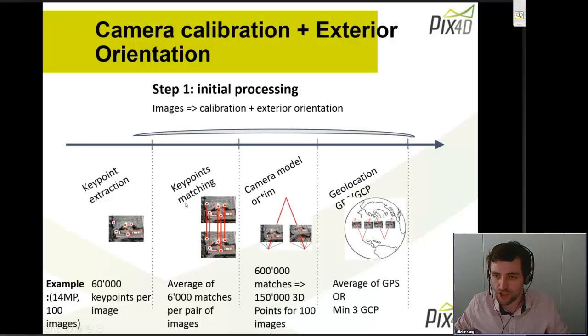Then when it does the matching, the software will try to match with neighboring images to find if there is a relation between the images. And usually after this process, you will get an average of 6,000 matches per pair of images. This depends on many different factors that I'm going to talk about a bit later on.